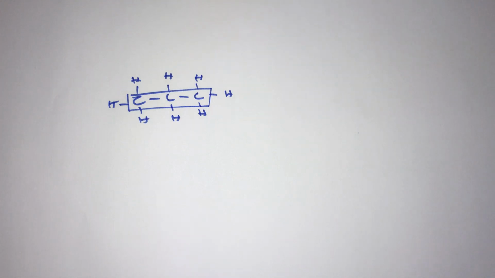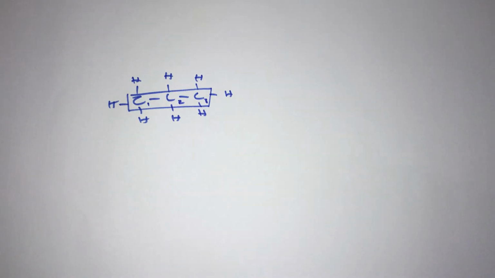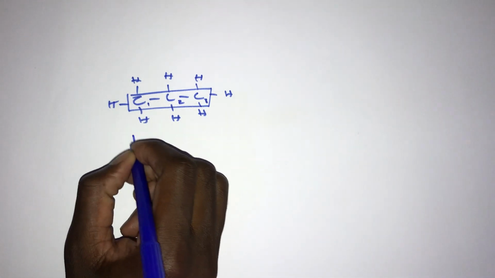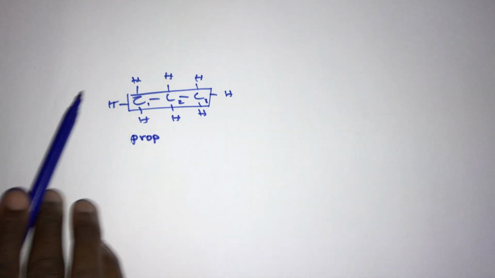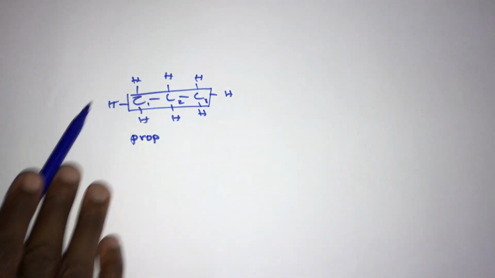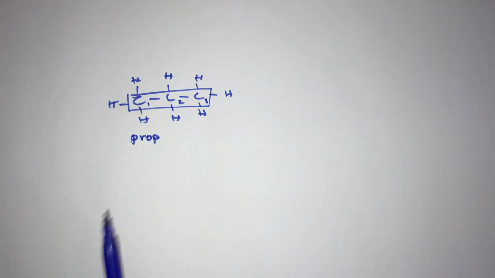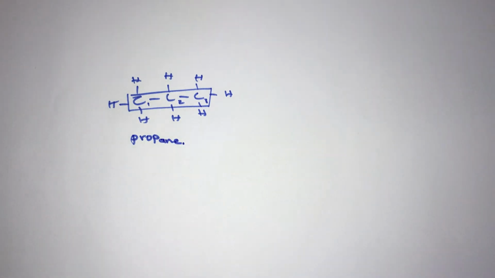Now after checking the parent chain, you number the carbon atoms. So we have 1, 2, 3. Since it's 3 carbon atoms, the name of the structure is prop. Then you check, do we have a double bond or a triple bond or a single bond? When you check the structure, it consists of a single bond. So the ending of the single bond is ANE. That means now the name of this structure is propane.